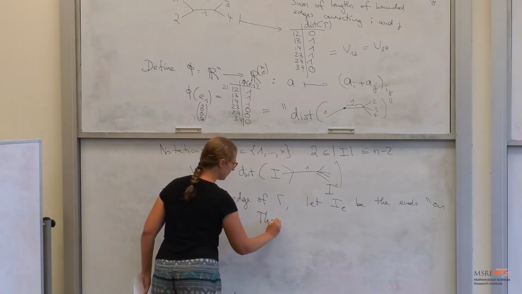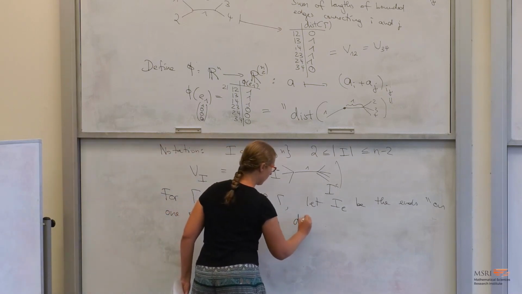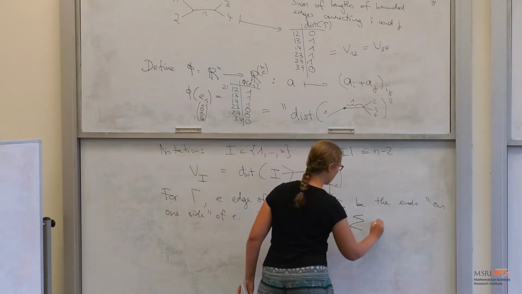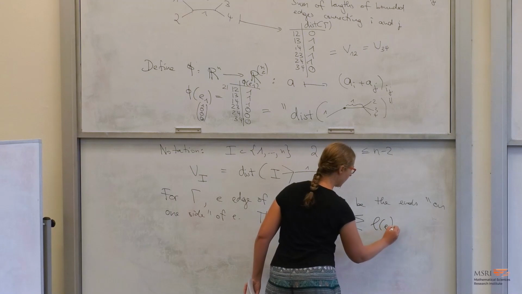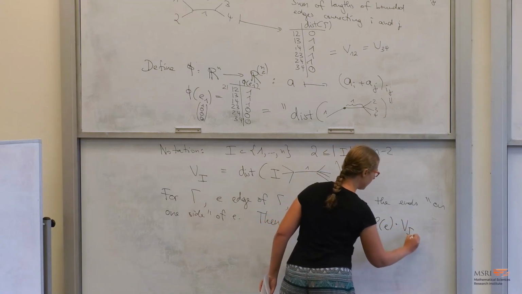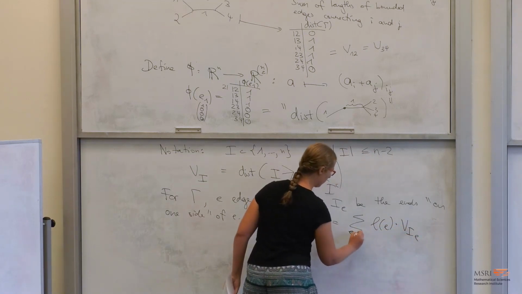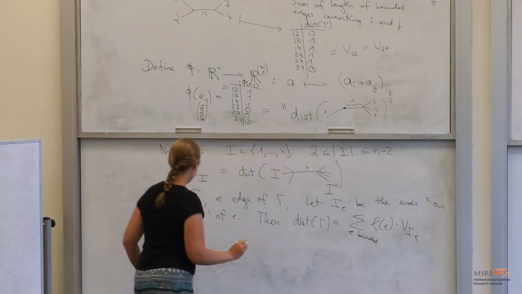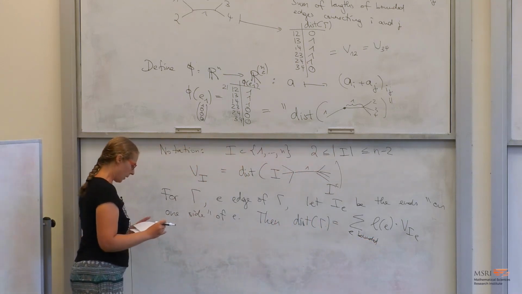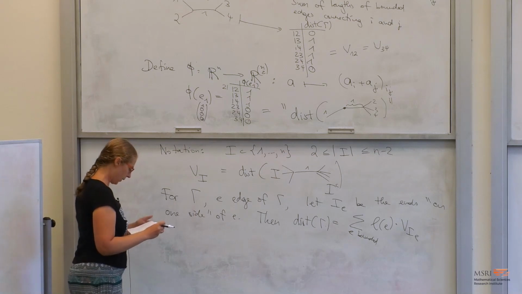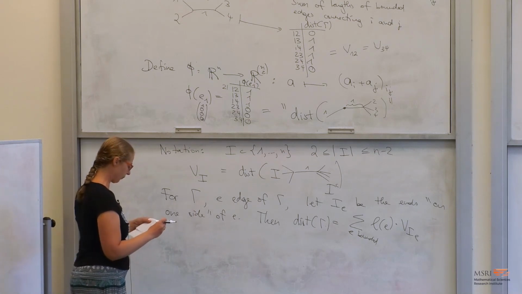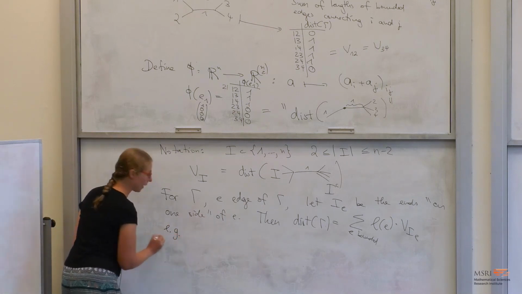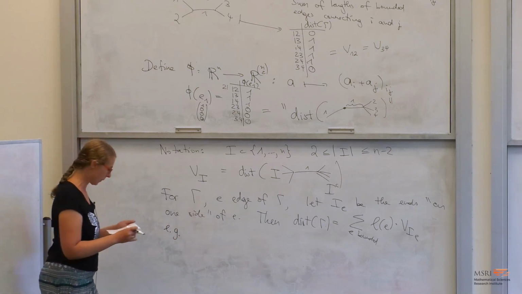And then the distance vector of gamma is the sum over the length of my edges times the v_{I_E}, where the sum goes over all bounded edges. And that's pretty easy to see. I don't want to prove this. I want to sort of prove by example, because that actually works, I think, in that case.